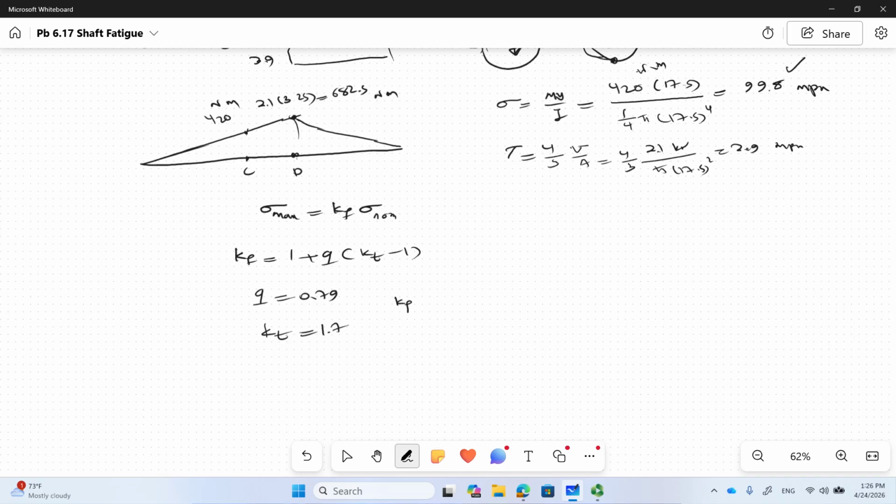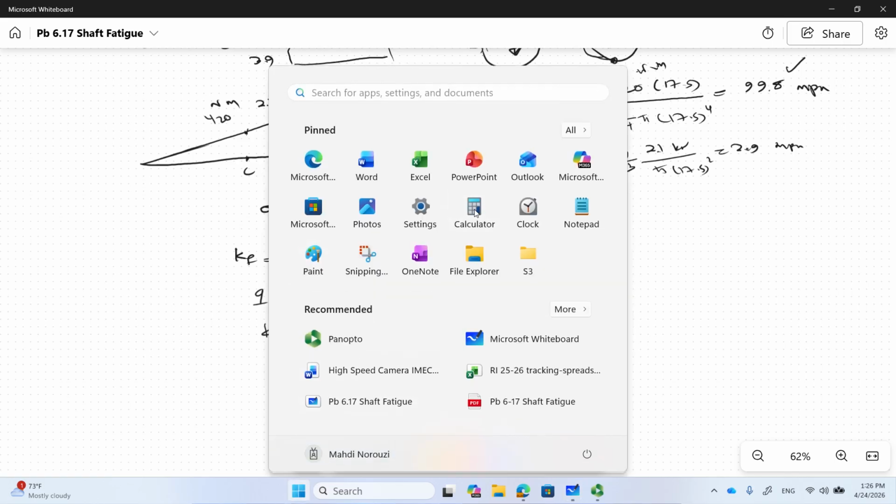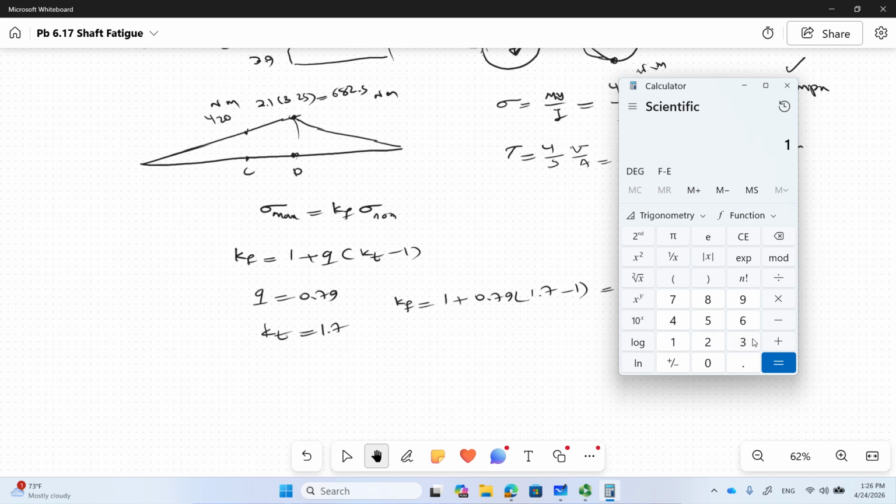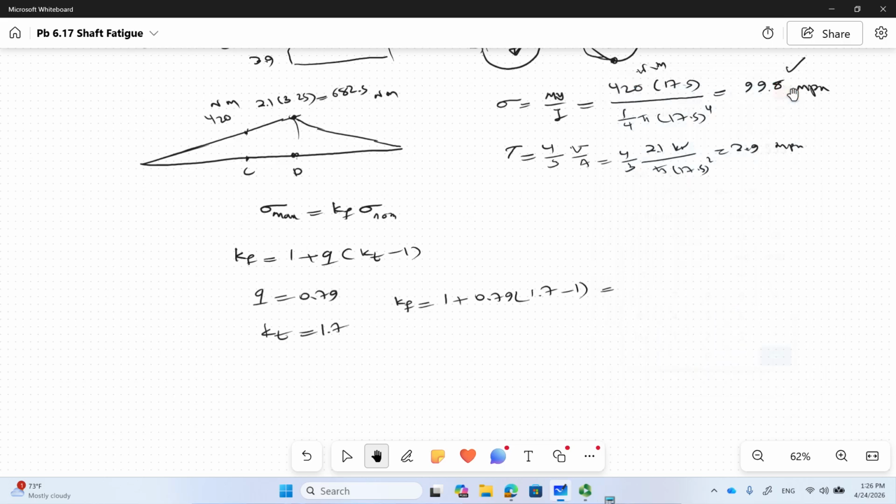Then Kf will be 1 plus 0.79 times 1.7 minus 1. So let's find this. 1 plus 0.79 times 0.7 is 1.55. Alright, so then max stress at point C is going to be 1.55 times 99.8.